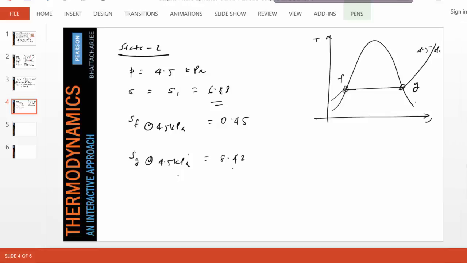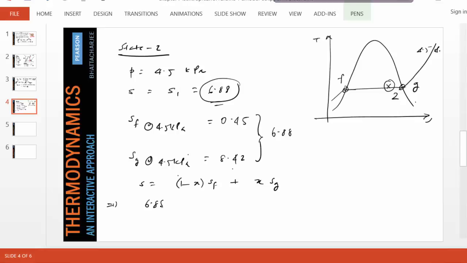Now we know that S is supposed to be 6.88, which is in between these two values. Therefore, state 2 might be somewhere here, which is a mixture. Given that, we can quickly write S must equal (1 minus x) times S_F plus x times S_G, and we know all these values.